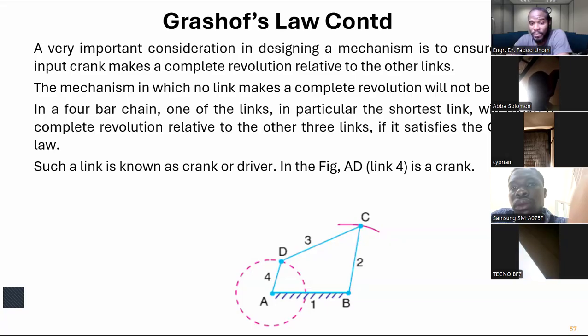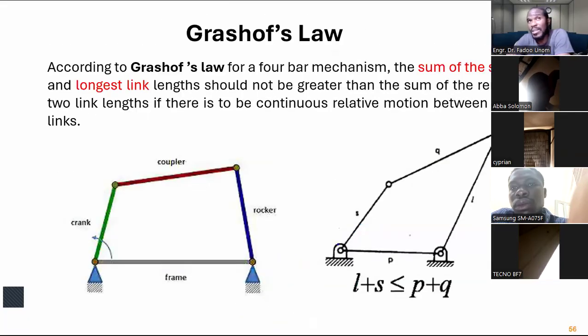So again, Grashof's law states that for a 4-bar mechanism to have continuous relative motion between the 2 input links, the sum of the shortest and the longest link must not be greater than the sum of the 2 remaining links.